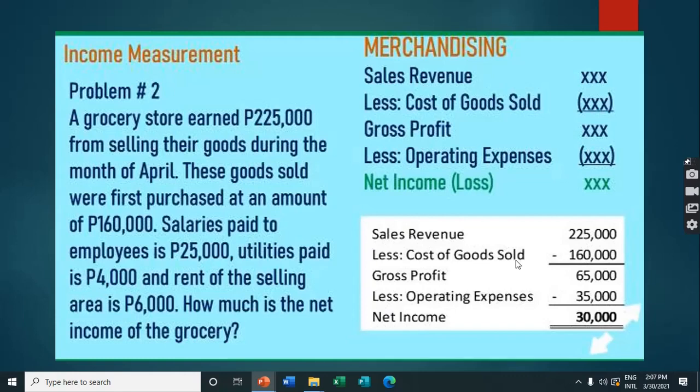So, magkano yung gross profit mo? That is 65,000. Ayan, yung net income mo is 30,000. So, may net income siya. So, ganito mag-compute ng income sa merchandising business.